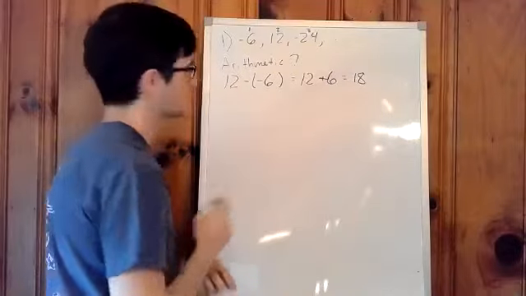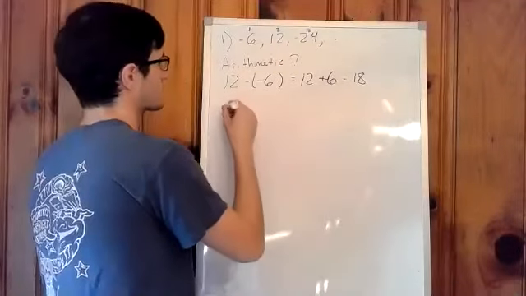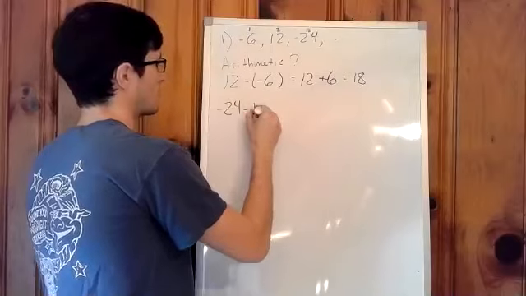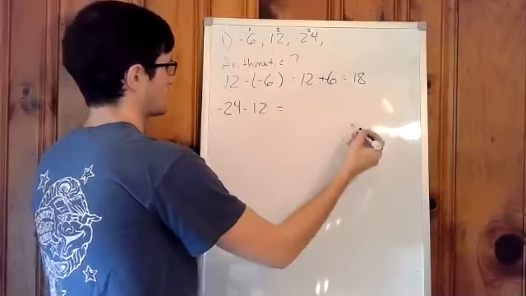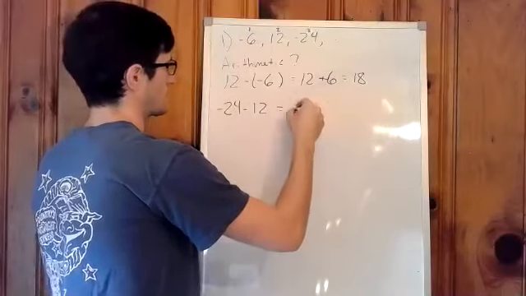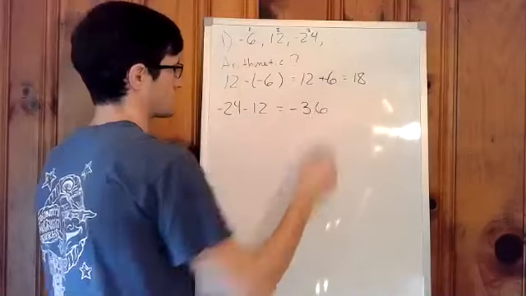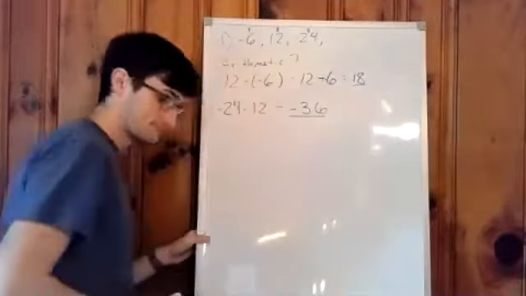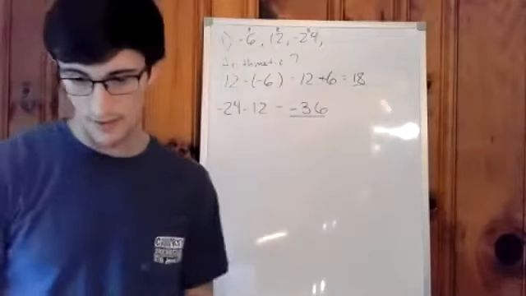Okay, so now let's check the next one, which is -24 minus 12, which would give me -36. Compare those two. Those are not the same. At least in my book, they're not the same.